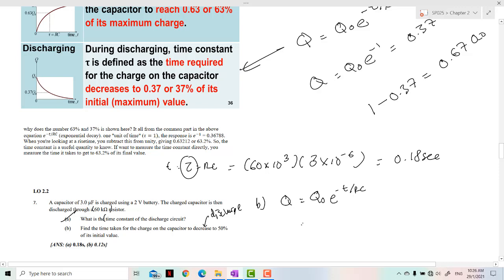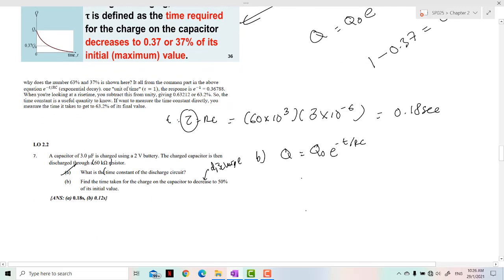For this type of question, you need to know that decreasing to 50% means Q is equal to 50% of Q naught, or 0.50 Q naught. So you can substitute Q equal to 0.50 Q naught. So 0.50 Q naught equals Q naught e to the negative t over RC.